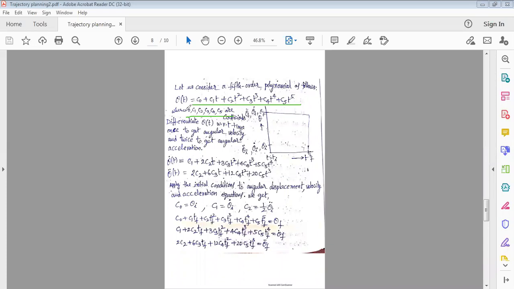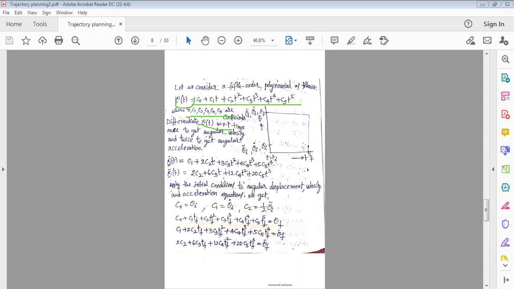First you differentiate the function theta of t with respect to time, so that will give the angular velocity. If you differentiate that function two times with respect to time, that will give the angular acceleration.